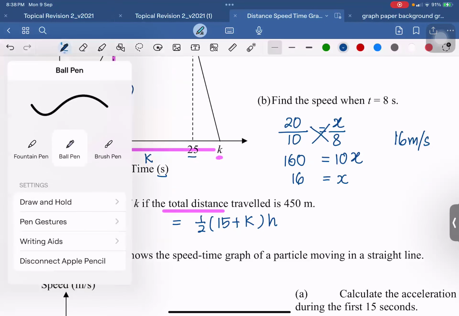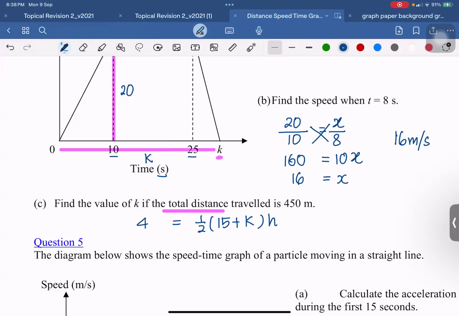Correct. We put 450 inside here. First step, how to get rid of the half? Times 2. The height is 20. So first, we multiply this times 2.